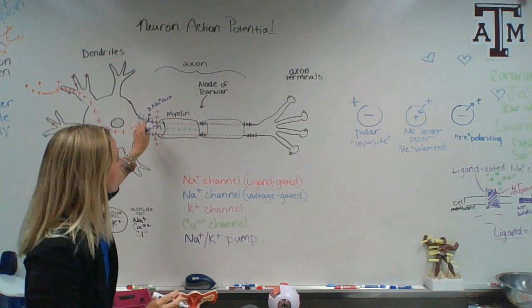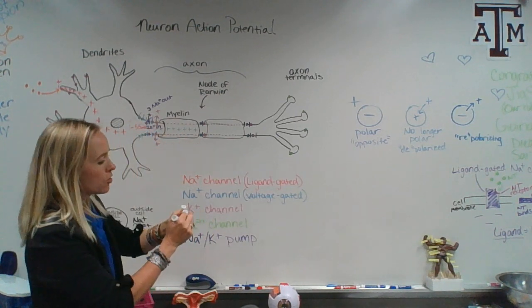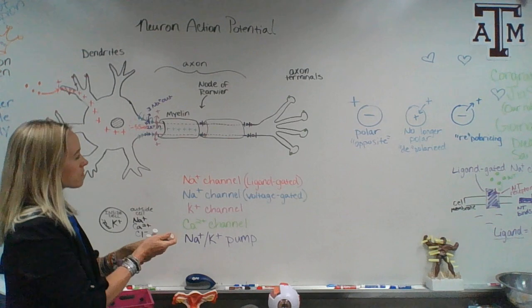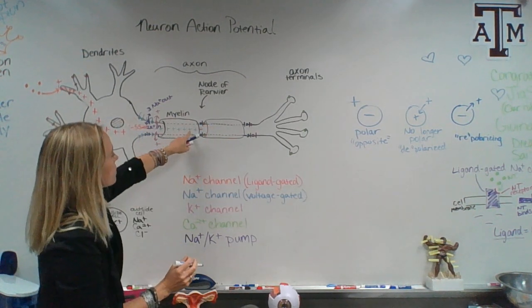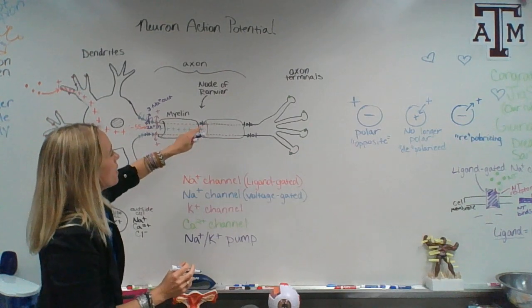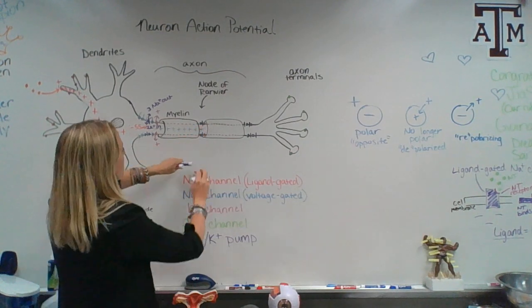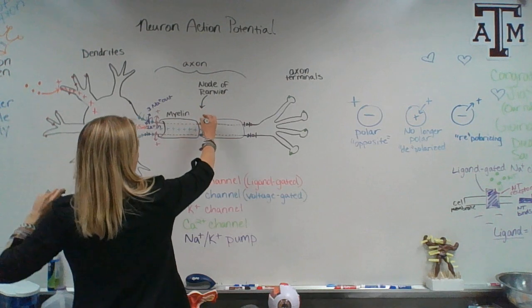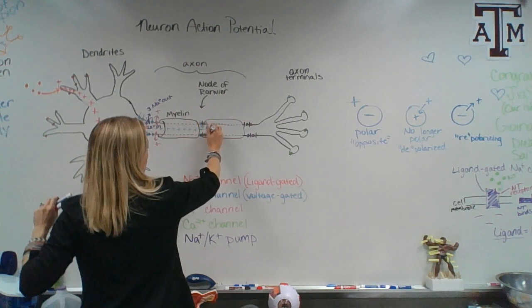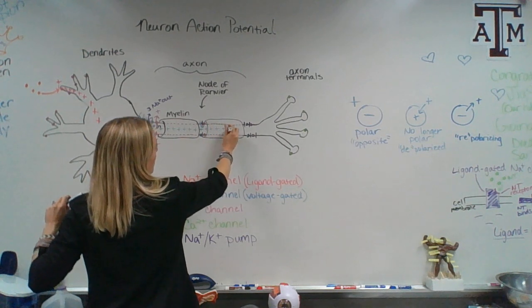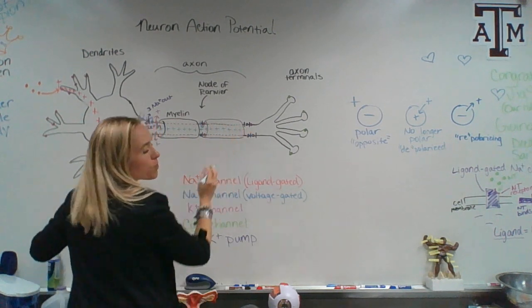So let's continue on with our wave. This wave of positive happens when the positive sodium gets to negative 55 here. This sodium channel opens and a bunch more sodium enters and it repels down the axon further.